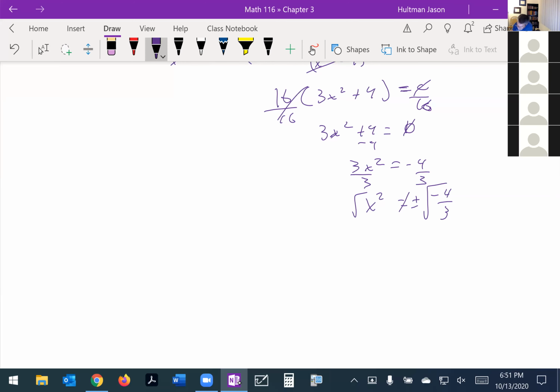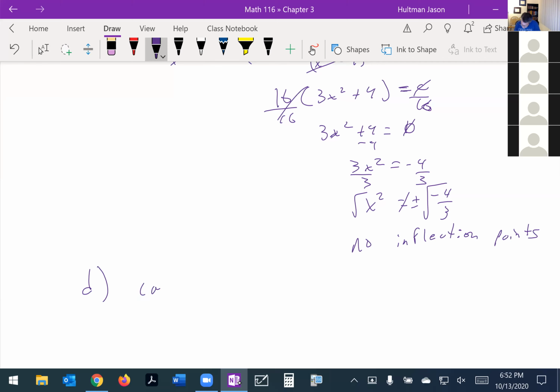So no inflection points. There is no change in concavity. So this thing is always concave up or concave down. It's always one concavity.